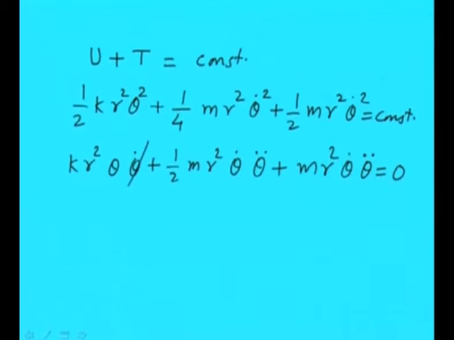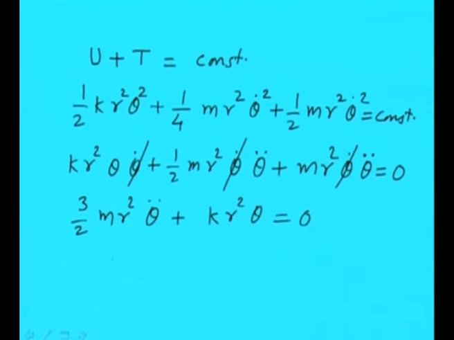So you can see this quantity is common, we can eliminate that. Also these two quantities can be combined, so this will give us 3 by 2 m r square theta double dot plus k r square theta is equal to 0.